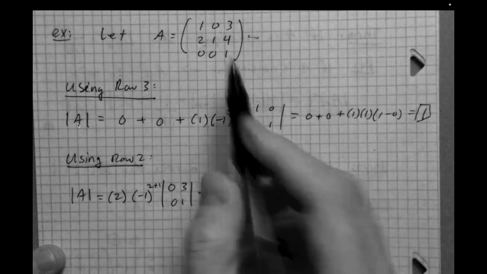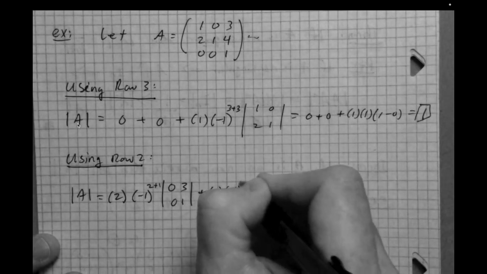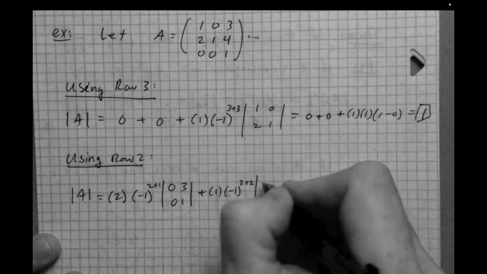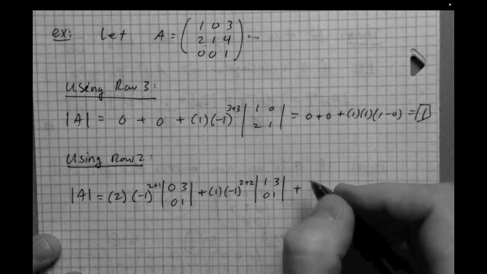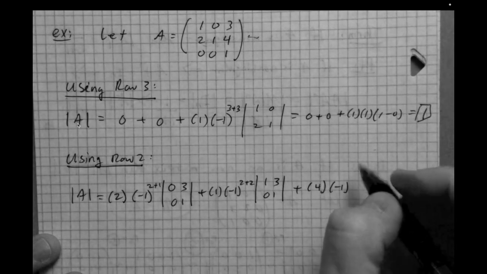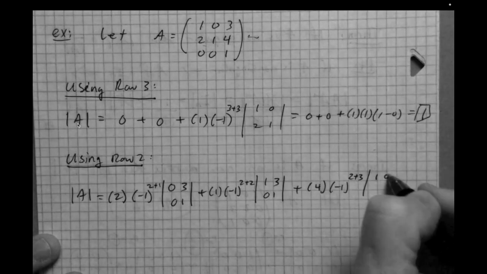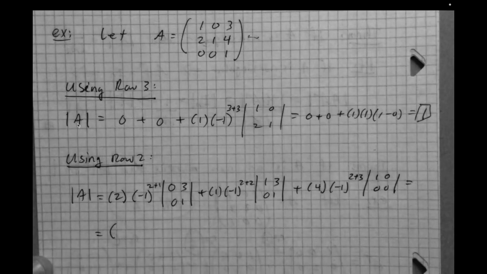Okay, so that's the first entry, and then it's 1 times negative 1 to the 2 plus 2 power, and the submatrix is [1, 3; 0, 1]. Plus, and then it's 4 times negative 1 to the 2 plus 3 power, and the submatrix is [1, 0; 0, 0].